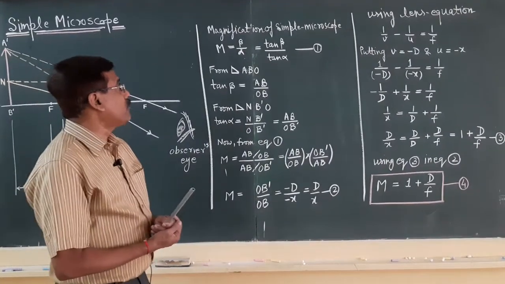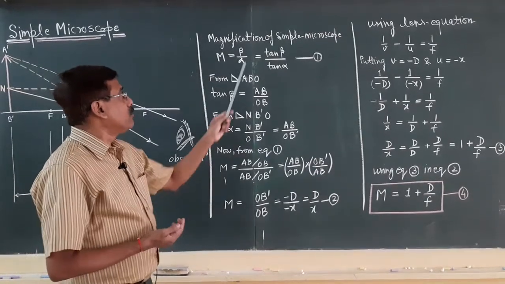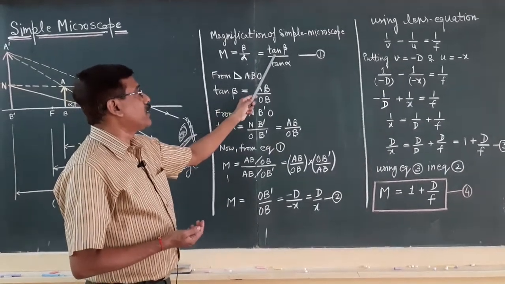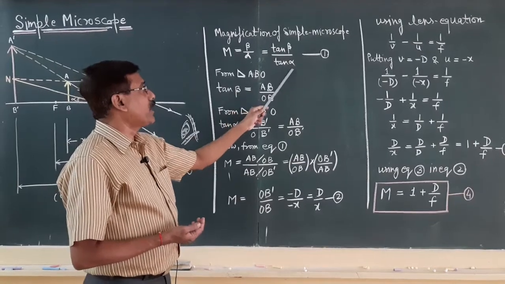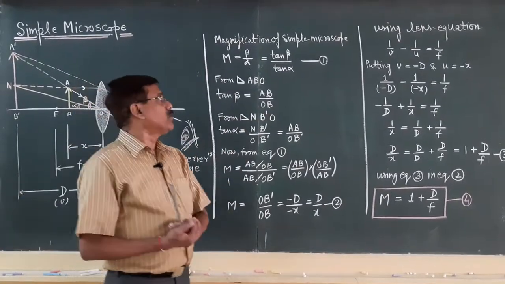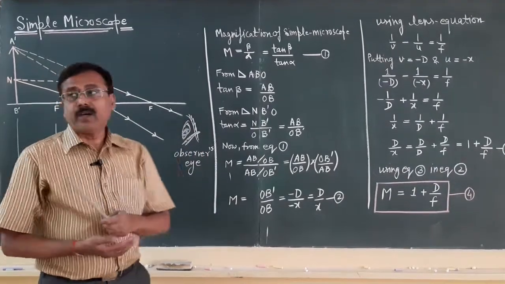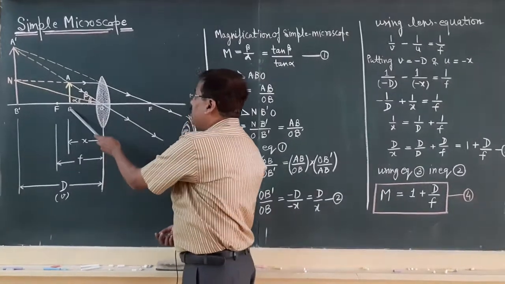So, for knowing the value of m in terms of known parameters, m is equal to tan beta upon tan alpha. This is equation number 1. Now, we will find out the values of tan beta and tan alpha. For tan beta, we will take the right angle triangle ABO.